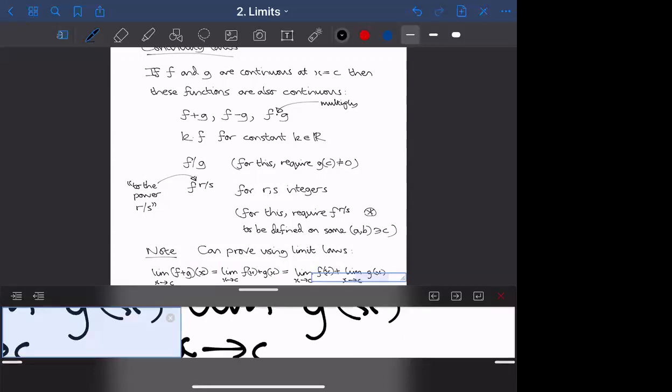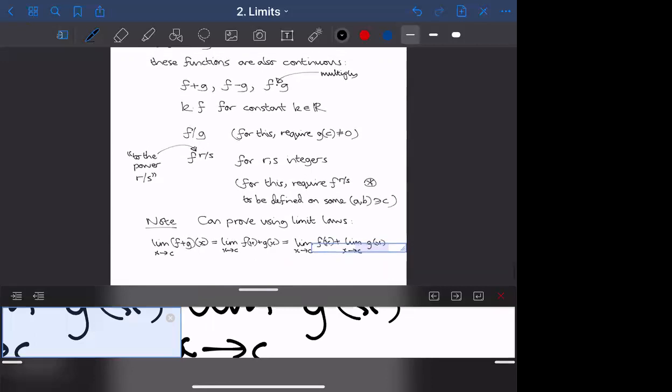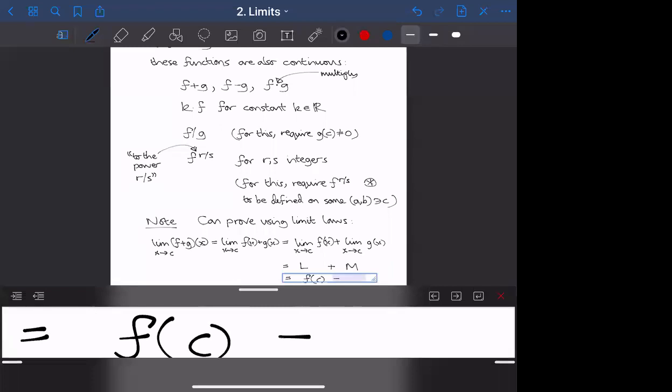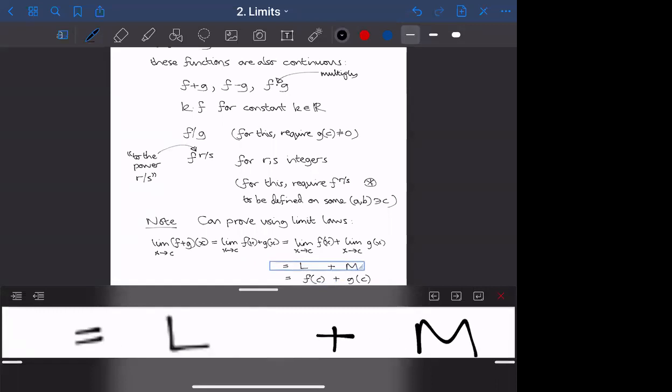But we know these two functions are continuous at c. And so say they have limits L and M, then those limits are going to be f(c) and g(c). So actually we don't need this line.